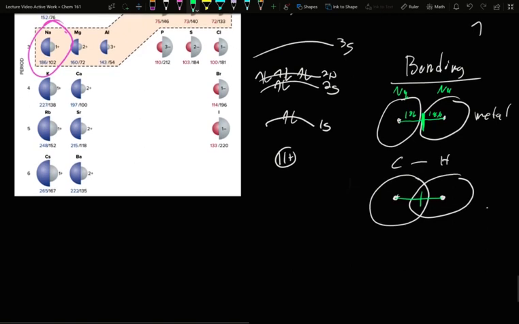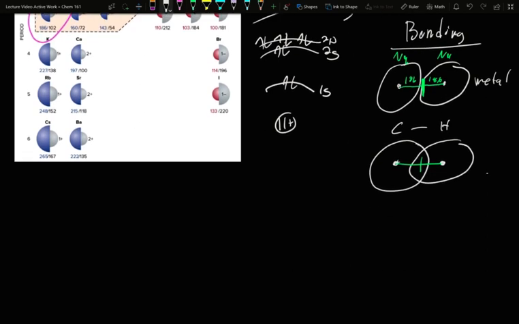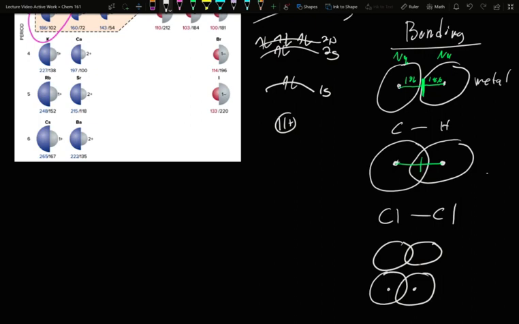Problem is, when we see this with things like Cl2, if I have two chlorines together, you'll have two of them that overlap, but then you'll also have the neighboring two that, while overlapping with each other, do not overlap with the other one. And so you'll have one distance between the nuclei, but you'll have a different distance between unattached nuclei.